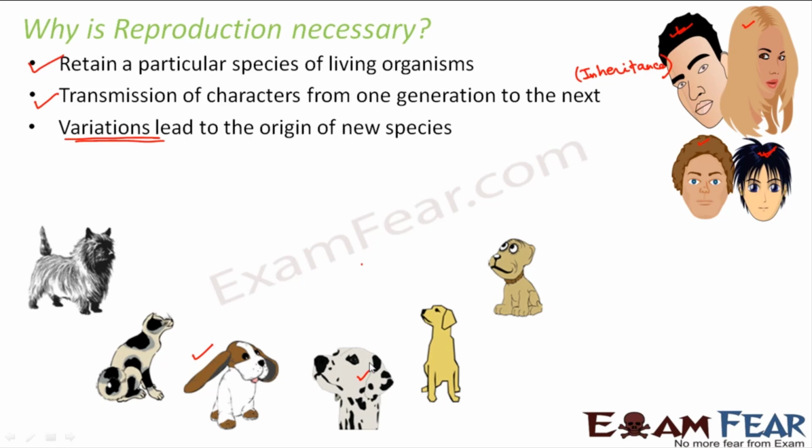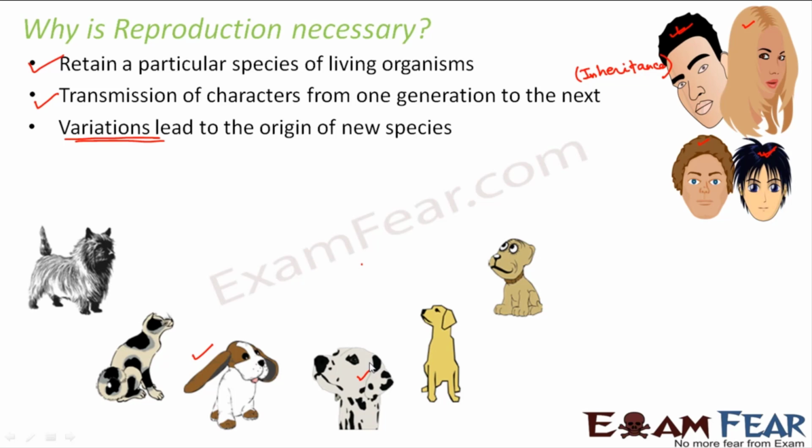Now when this process keeps continuing, because the process of reproduction keeps continuing, many new traits come up, like big ears, or the spotted color, or maybe the furry body covered with fur. So there are a variety of characteristics which come up during this process of reproduction.